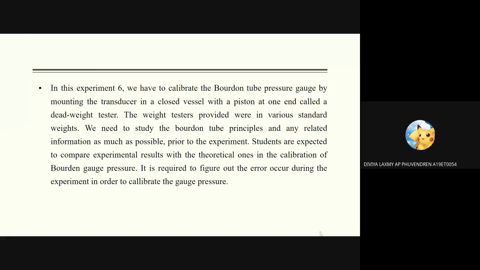We need to study the Bourdon tube principles and any related information as much as possible prior to the experiment. Students are expected to compare experimental results with the theoretical ones in the calibration of Bourdon gauge pressure. It is required to figure out the error that occurs during the experiment in order to calibrate the gauge pressure.